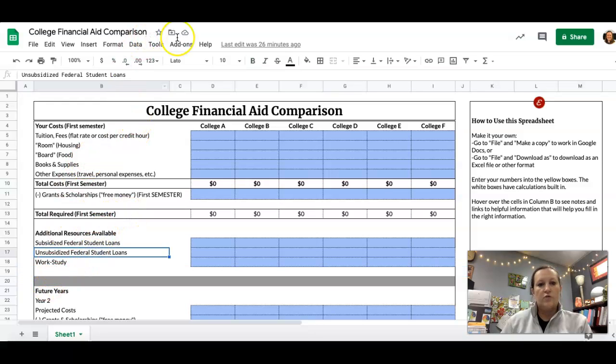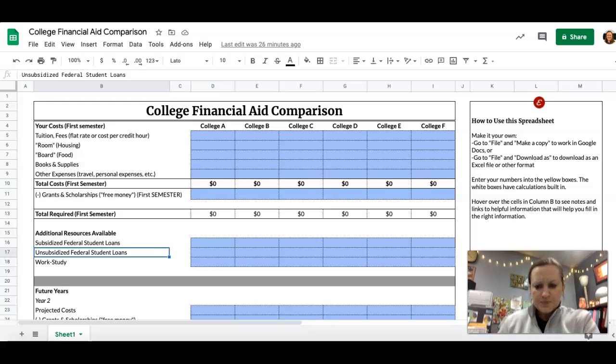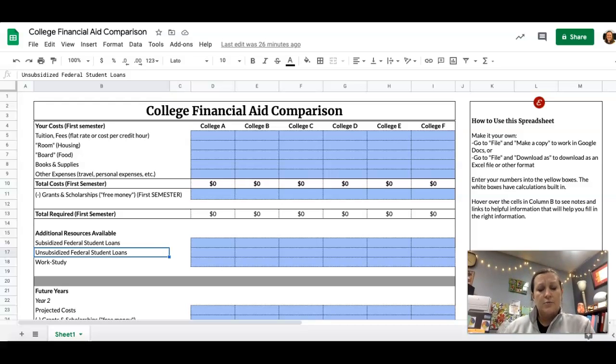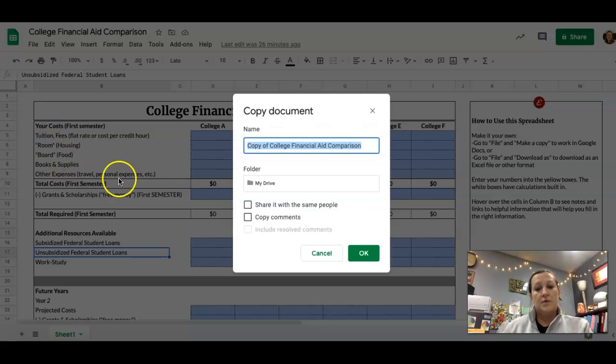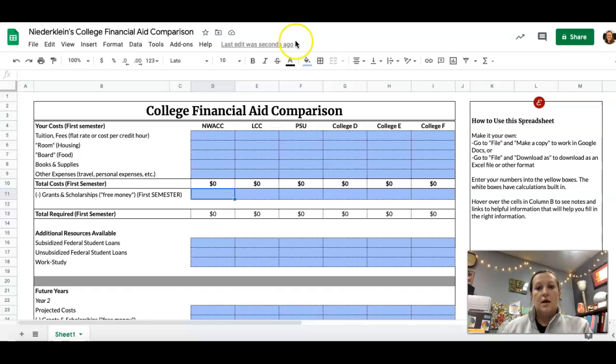Okay, so first thing you're going to do, students, you will have this in your Google Drive. It will be view only, so the first thing you'll need to do is go to File, make a copy, and name it with your name. Here is mine that I have included, and I want to look at 3 schools.